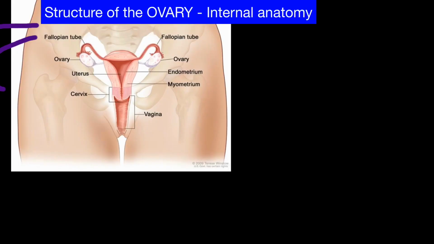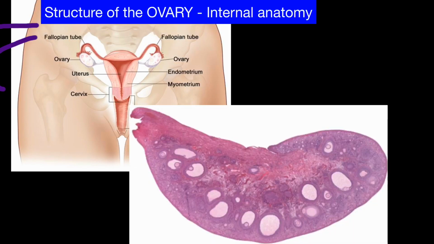Let's take a look at what the ovary looks like internally. So here I have a torso diagram. You can see that when we take a section through the ovary, we can see a lot of different things going on. And when we look microscopically at this, we can see some of the different regions of the ovary. So we've got this end, which is the attachment for the ovarian ligament.